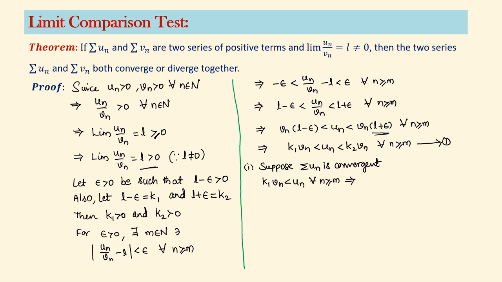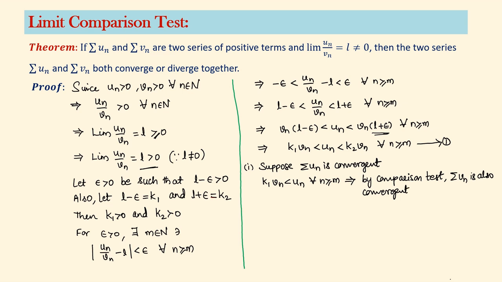Since summation Un is convergent, by the comparison test which we have discussed earlier, summation Vn is also convergent.